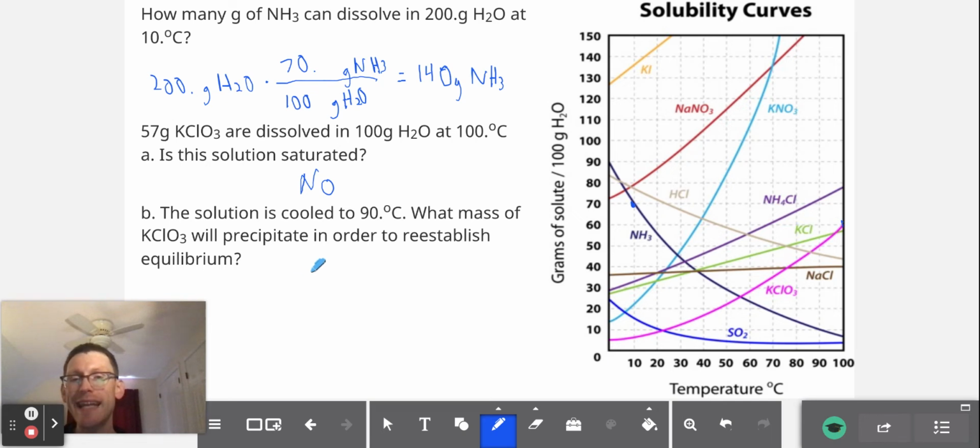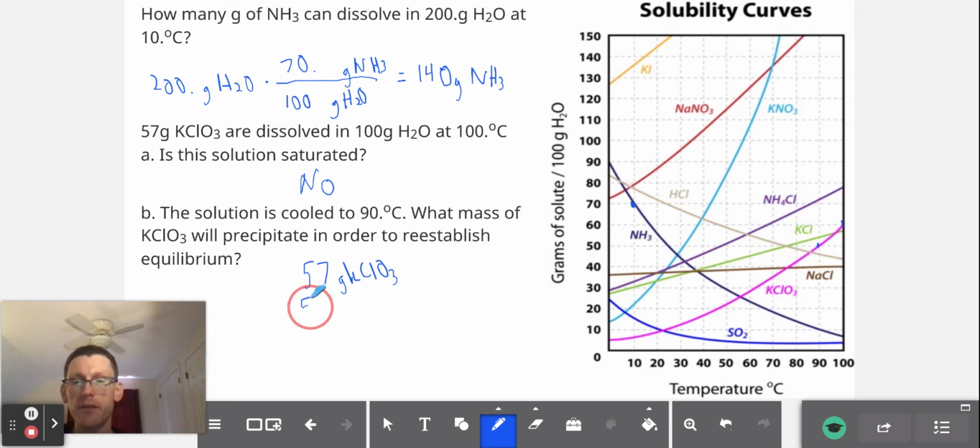Next question. The solution is cooled to 90 degrees Celsius. What mass of KClO3 will precipitate in order to reestablish equilibrium? Well, if I know that there are 57 grams of KClO3 that are dissolved in the solution, and I know that, well, let's see. We go down to 90 degrees Celsius, and this is, I'm going to call this, 50 grams of KClO3 that could dissolve, that constitutes a saturation point.